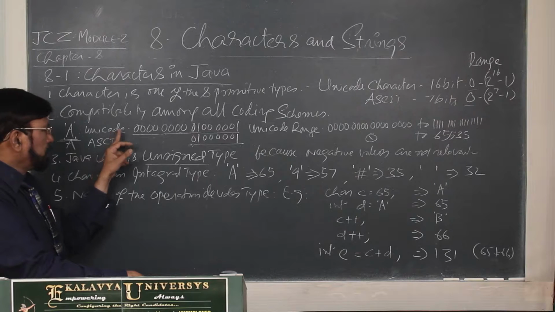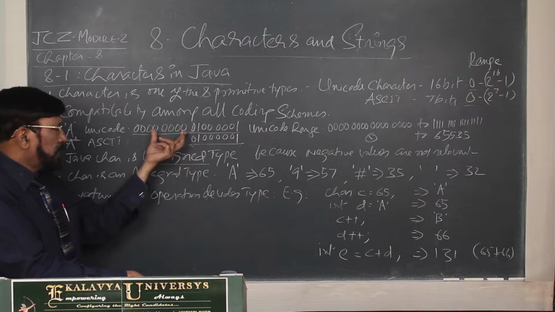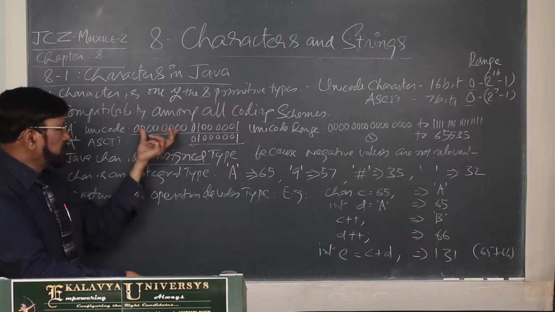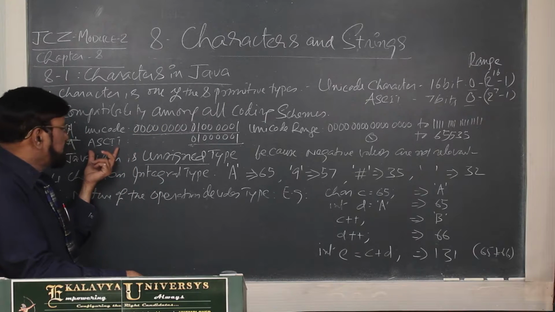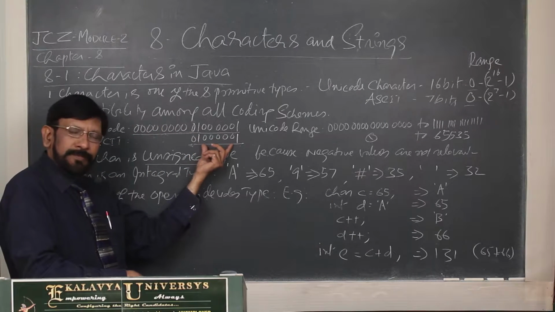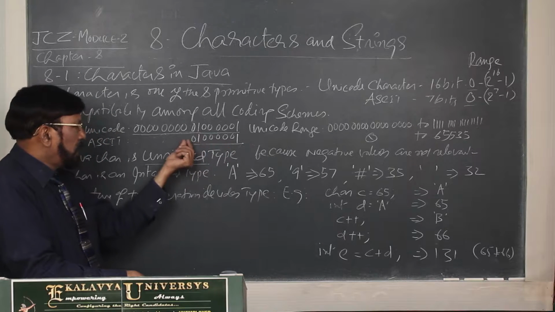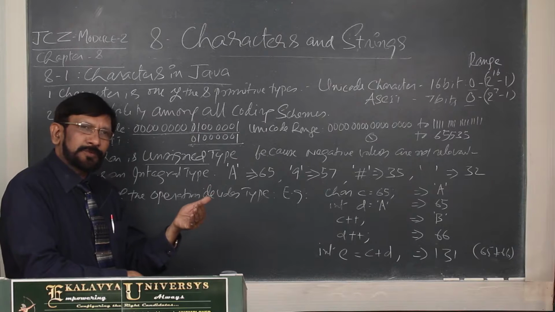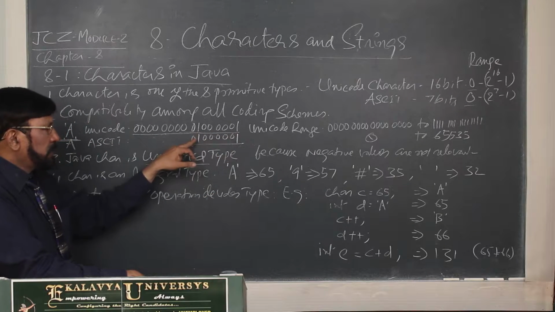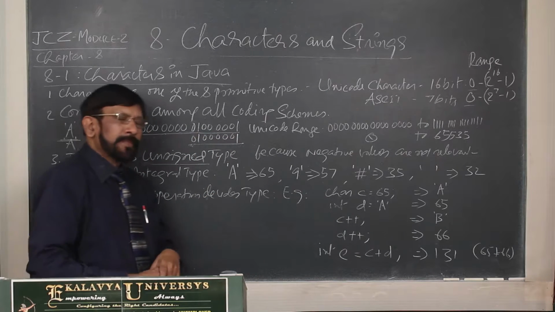In Unicode, even though it is 2 bytes, the rest of the bits are padded by zeros. And in the case of ASCII, there are 7 real bits and it is padded by 1 zero. In this manner, all characters are stored, but the value is the same. That you have to understand.